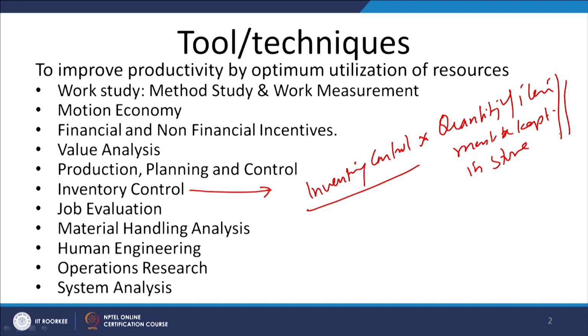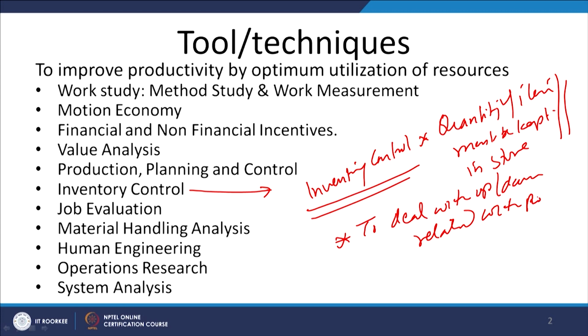There are two reasons for maintaining the inventory. One is to deal with the ups and downs related with production or demand, if it is retail. Or the second important point is to make things available as and when they are needed. We need to maintain inventory. It is possible that we may order today and after 2 hours we may get the item, but sometimes it does not happen.